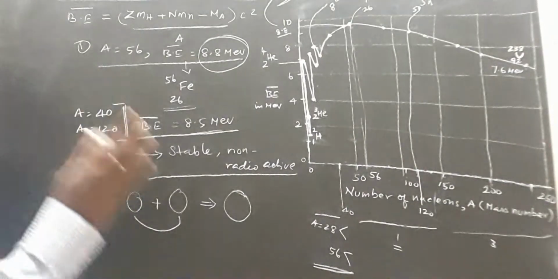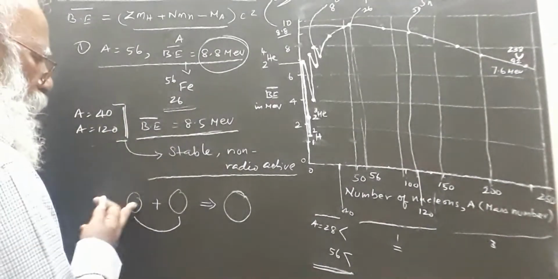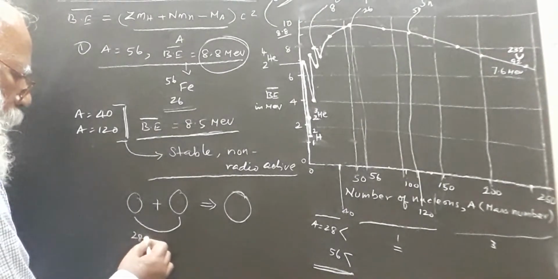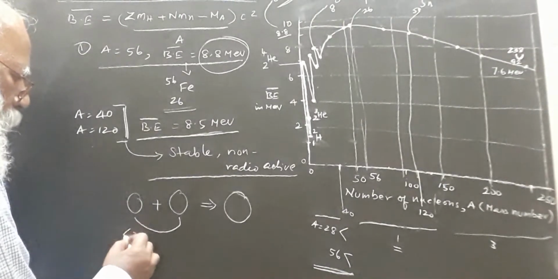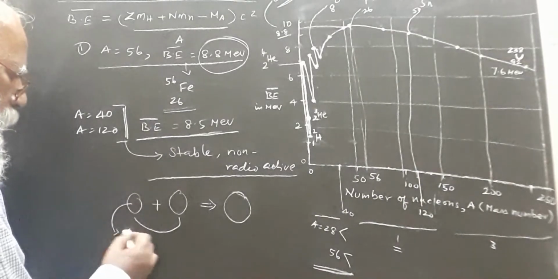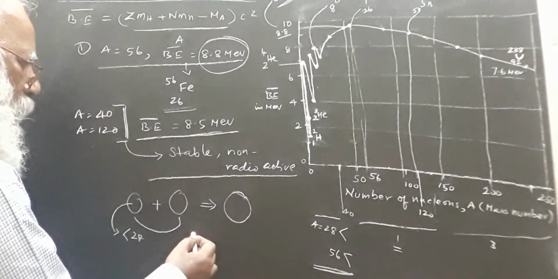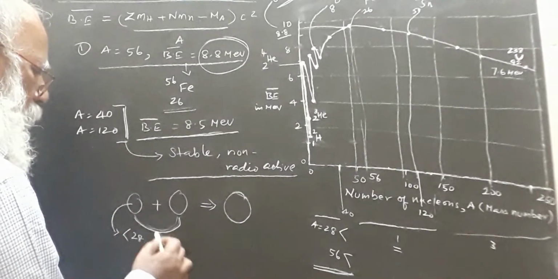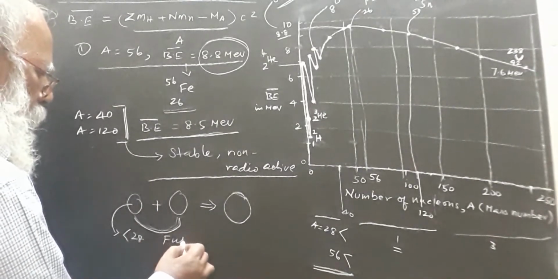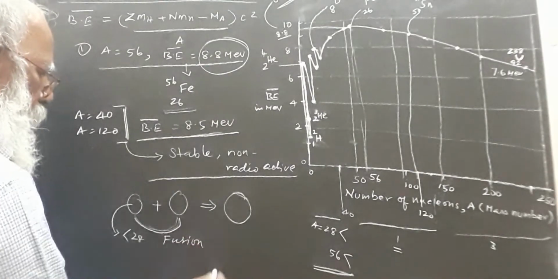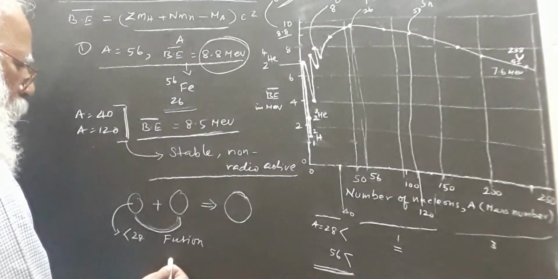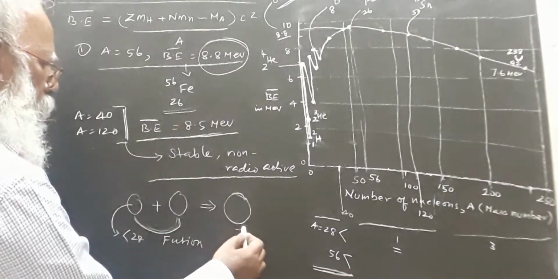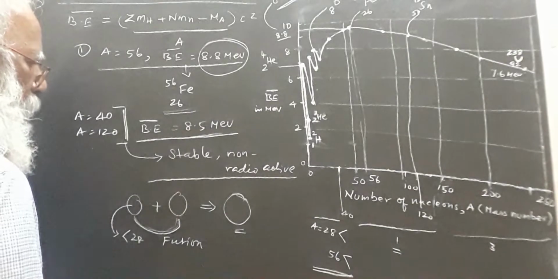Listen here constantly, very important concept. Here this one is less than 28, another one is less than 56. Both are combined together, fused together. Fusion process, not fission process, fusion process.